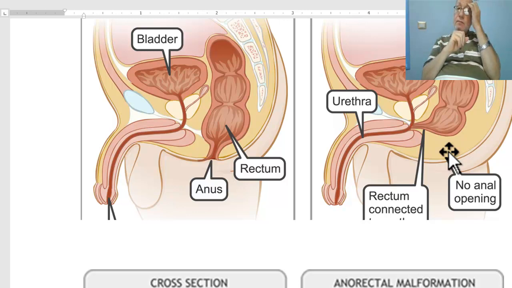Followed by closure of any present fistula. Remove any connection with the urinary tract. Then anoplasty. What is anoplasty?